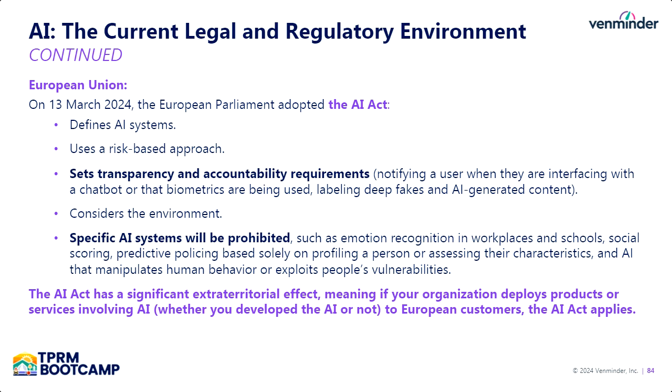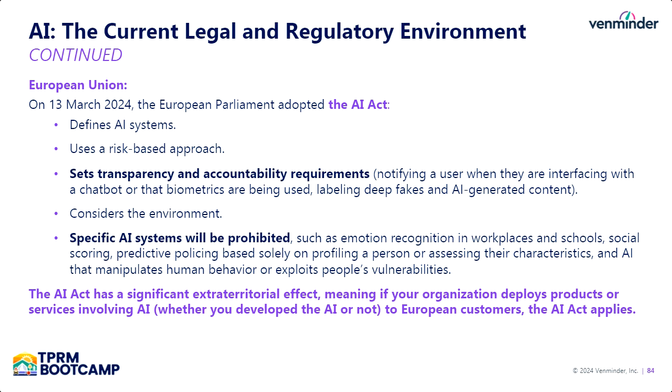But it also specifically prohibits certain types of AI, such as emotion recognition software in workplaces or schools, or predictive policing. It also is generally prohibitive of any AI that is going to manipulate human behavior or exploit people's vulnerabilities.